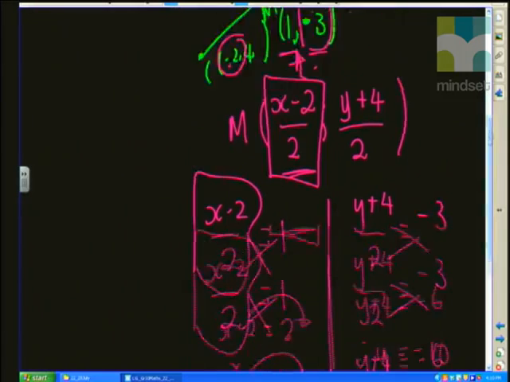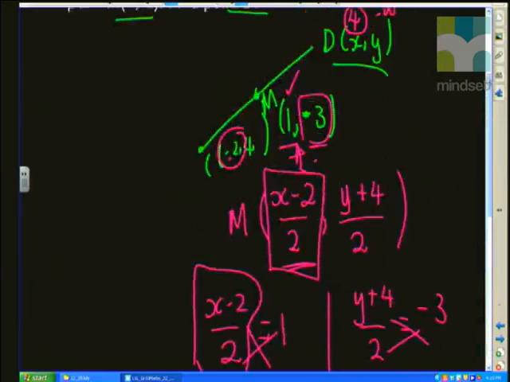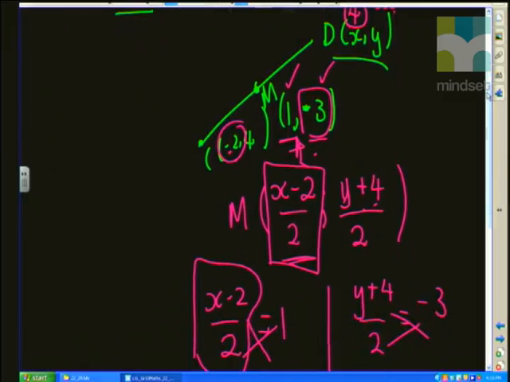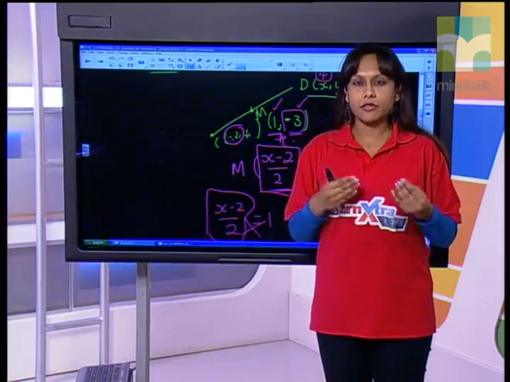So minus 10 plus 4 would give me minus 6. Minus 6 divided by 2 is in fact minus 3. So what you can do is get your answers and then just check and confirm that they are in fact the right values.